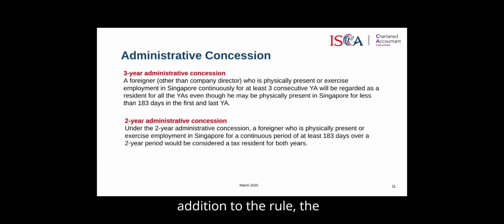In addition to the rule, the IRAS has introduced two administrative concessions, also commonly known as the 3-year administrative concession and the 2-year administrative concession, to facilitate the testing of the residency of the non-resident.